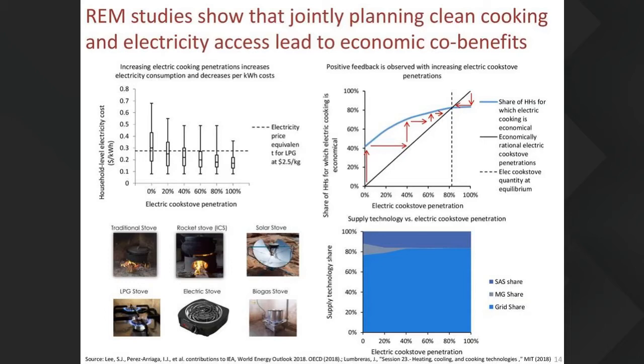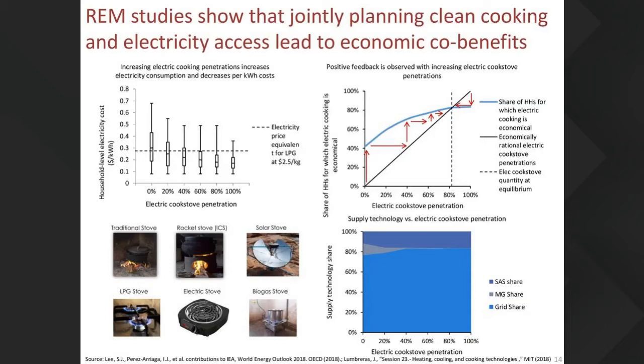LPG stoves. You really just decrease costs by reaching improved economies of scale, and actually the share of households for which electric cooking is economical increases. And this feedback effect happens over and over until you see something like 80+% of households that have electric cook stove penetration. The idea here is that with jointly planning the power sector with other important economic sectors, in this case, clean cooking, but you could imagine similar arguments being made for transportation and for agriculture.